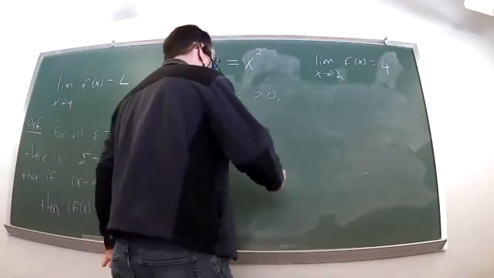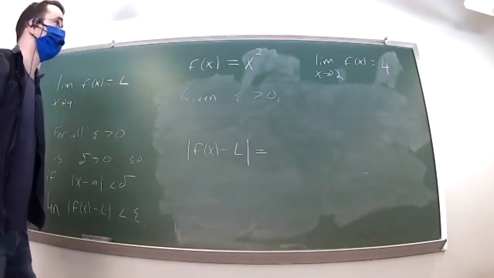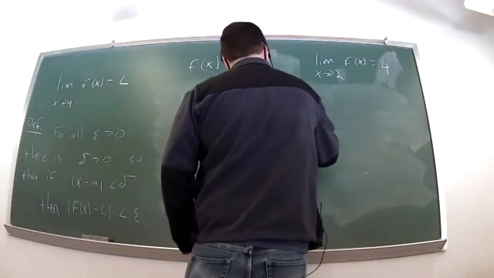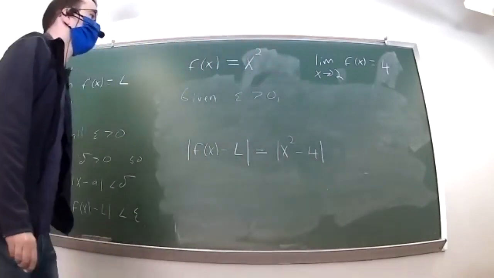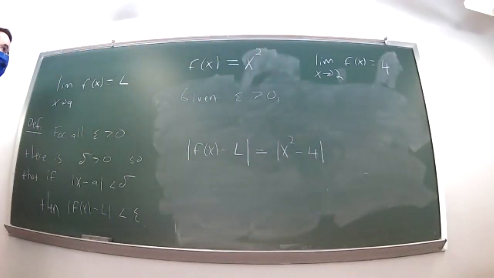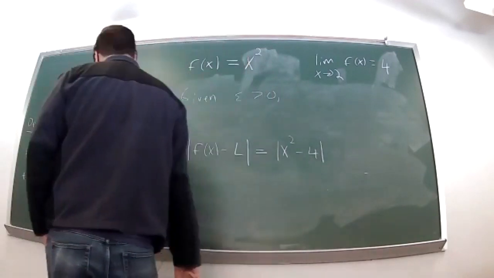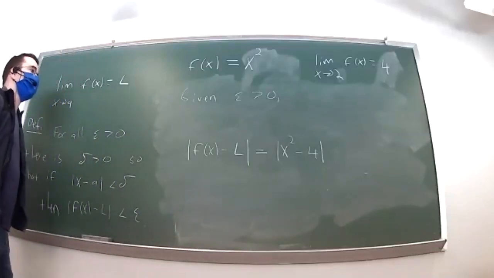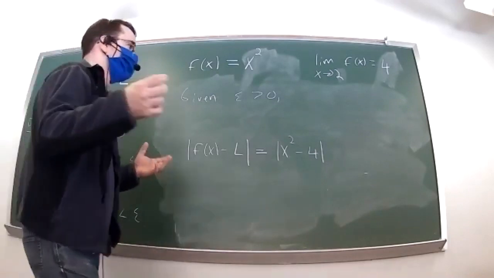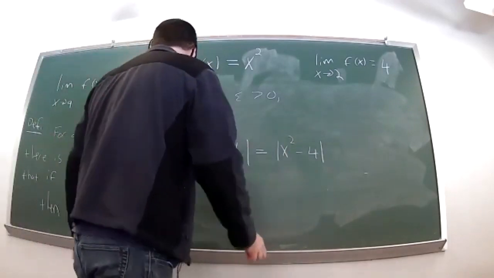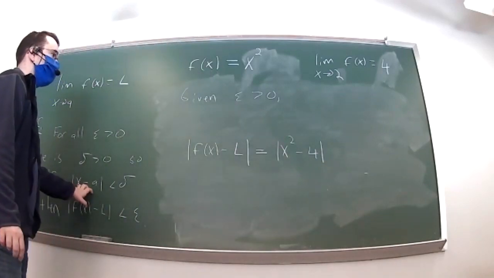So I have to write down what f of x minus L is. What's the thing that I want to be really small? f of x is x squared, and L is 4. You may already be seeing how this is going to work because this is a polynomial that I can factor. And once I get to this point, what's my cornerstone? What am I trying to do? I'm trying to relate this back somehow to x minus a.